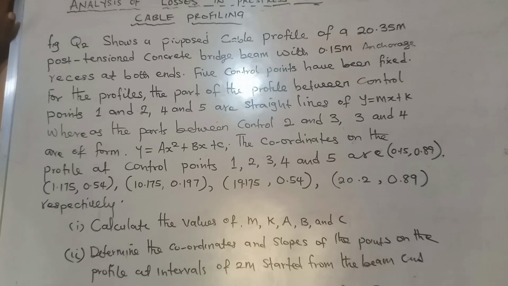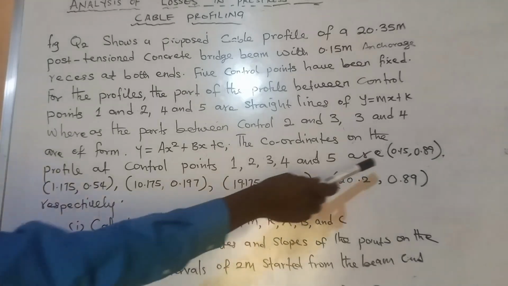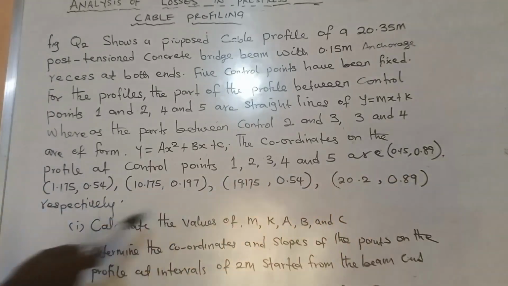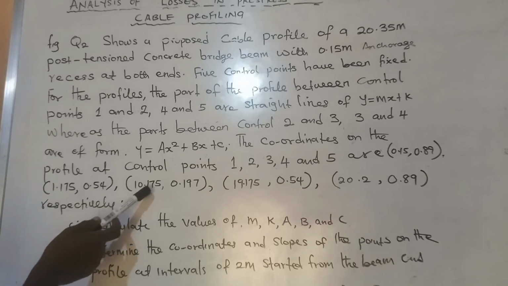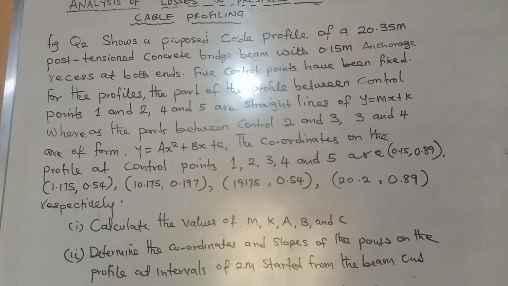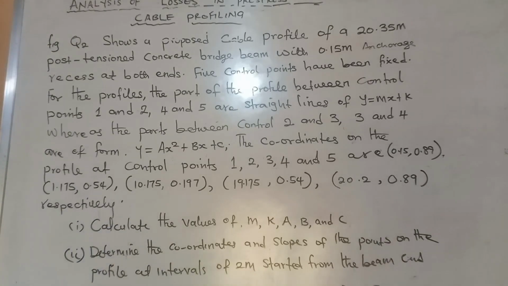Now we have been given this profile. The coordinates on the profile at various control points have been taken. For control points 1, 2, 3, 4 and 5, we have the coordinates at 0.15, 0.15, 0.89, 1.175, 0.54, 10.175, and so on respectively. So these are the coordinates of the various points.